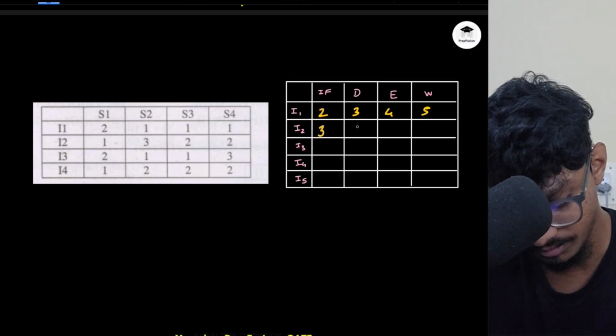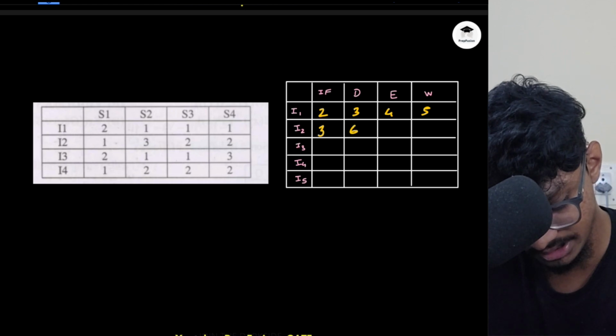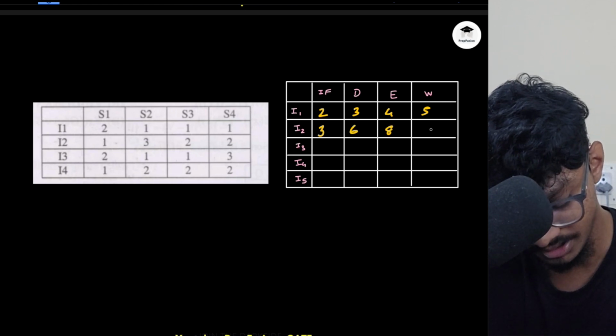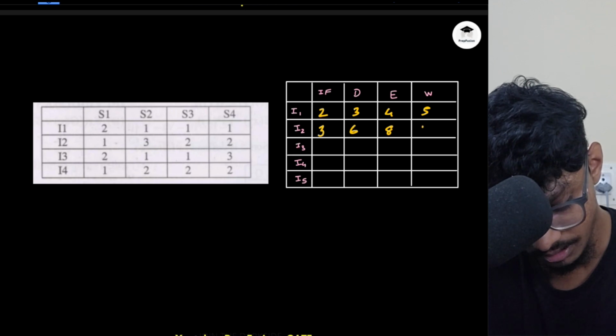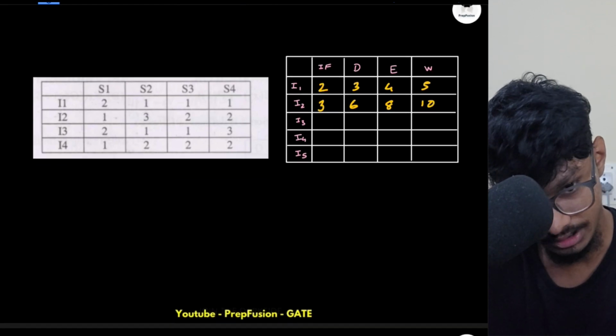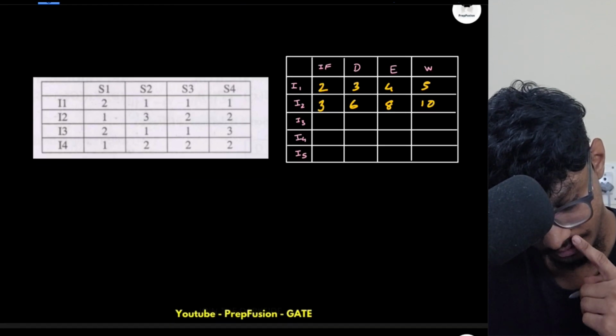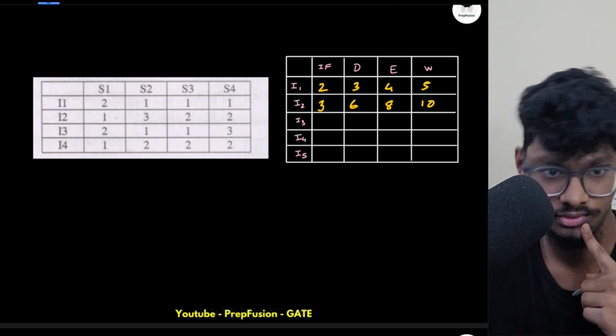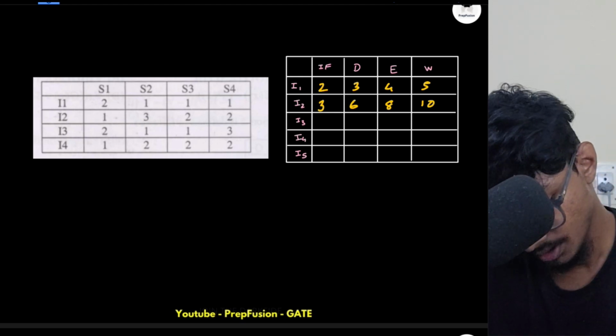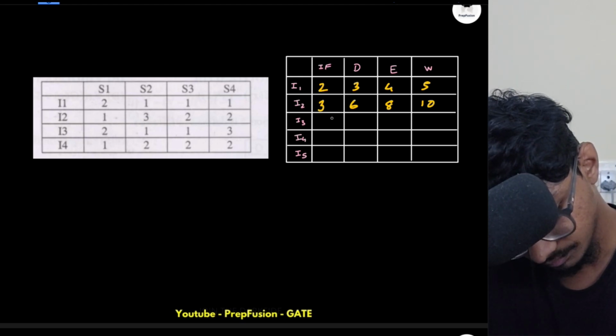Again maximum is 3 plus its own delay, 6, maximum plus its own delay, 8, maximum plus its own delay, 10. Then maximum plus its own delay, that is 5.